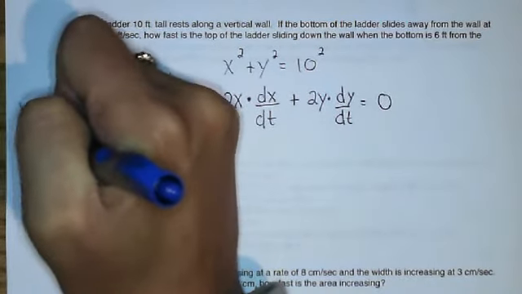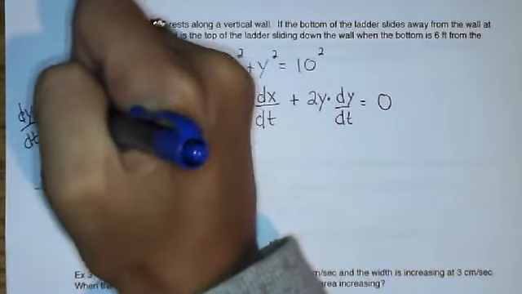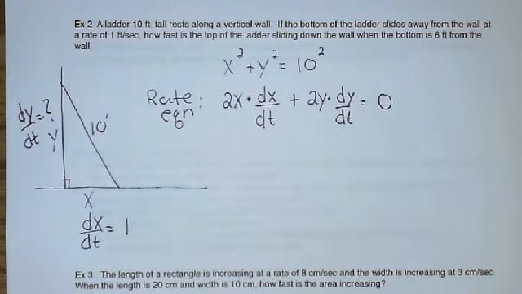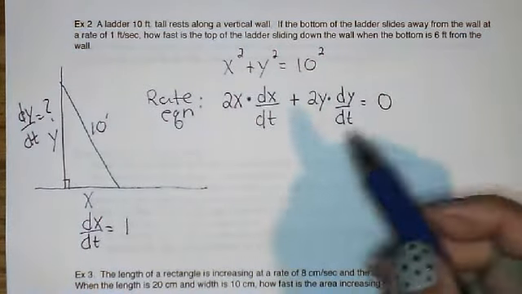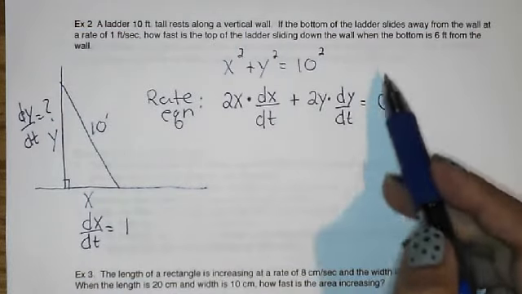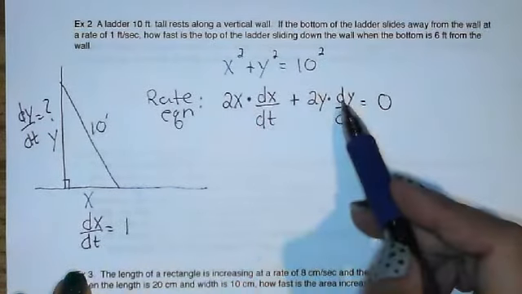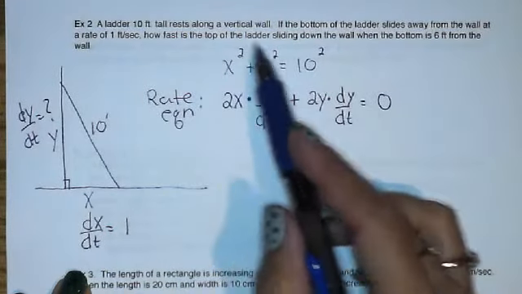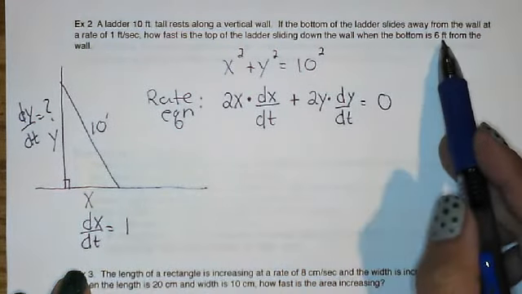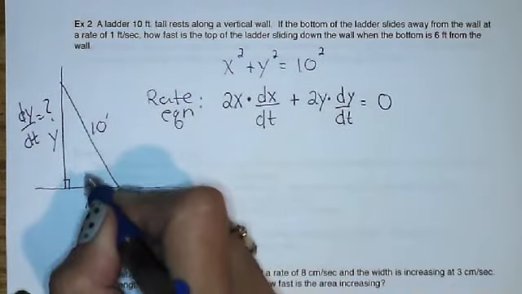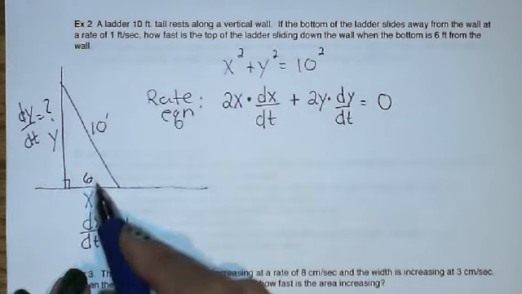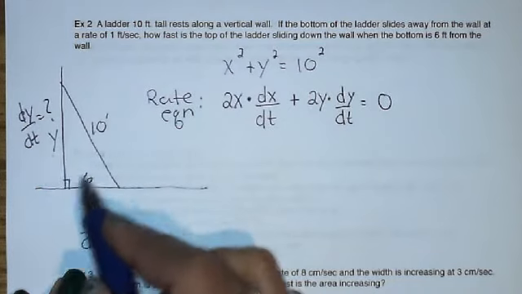How fast is the top of the ladder sliding down? That's the change in y. So dy dt is what we're looking for. And I know that, let's see, is that all I need? Oh, I need x and y because I'm solving for this one. And I know that the bottom is 6.